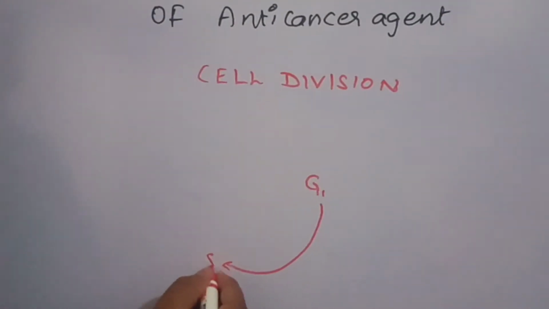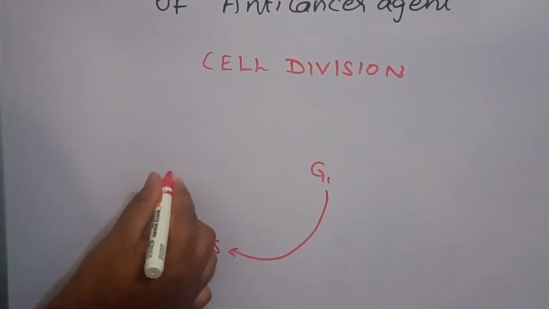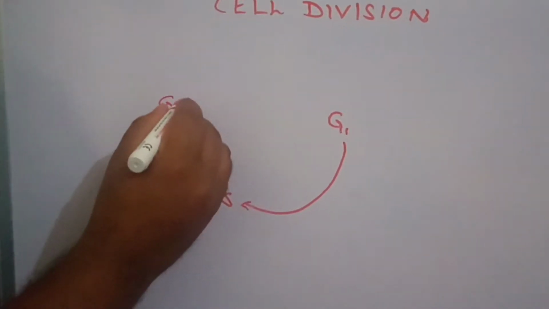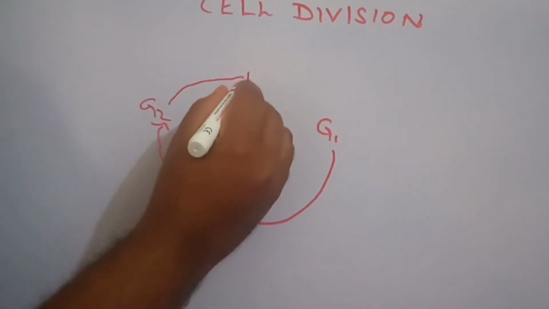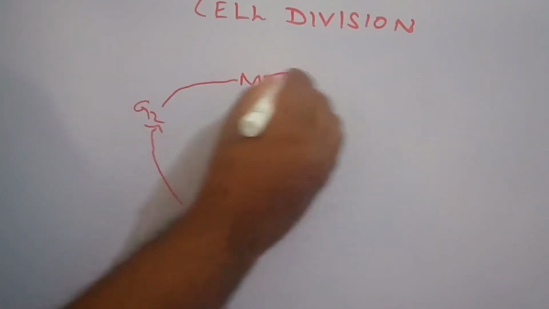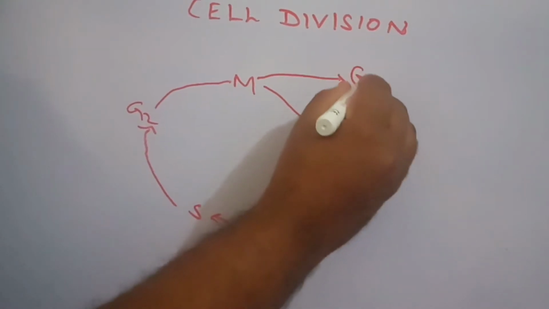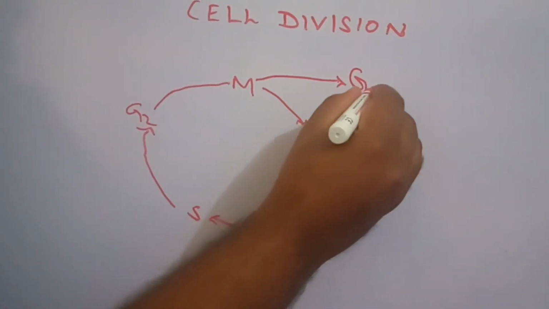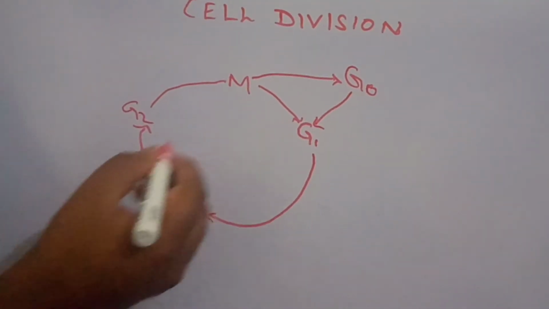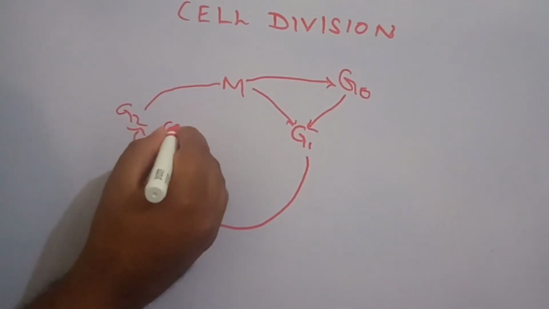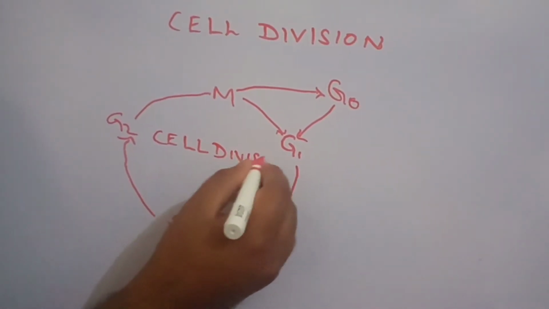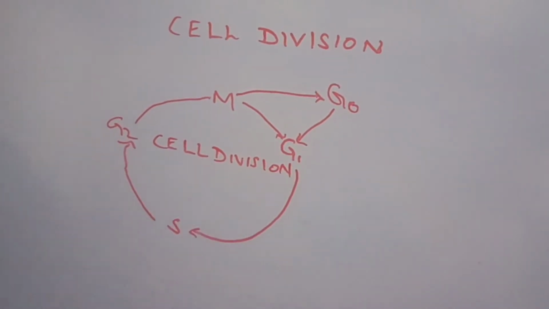G1, S, G2, M, and from M to G0, and G0 to G1. Now what is this? It is a process of cell division.